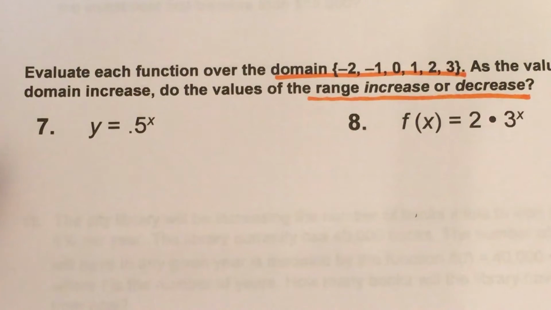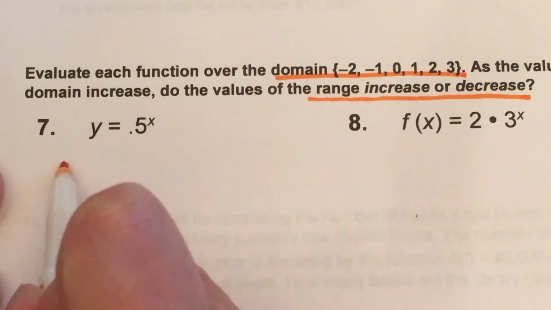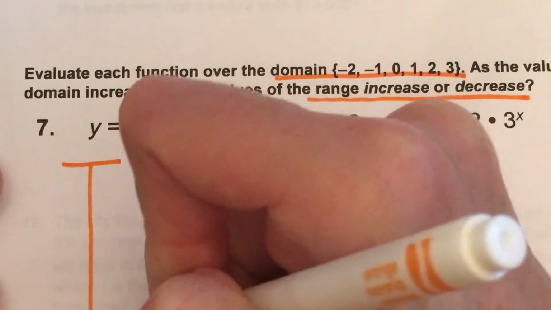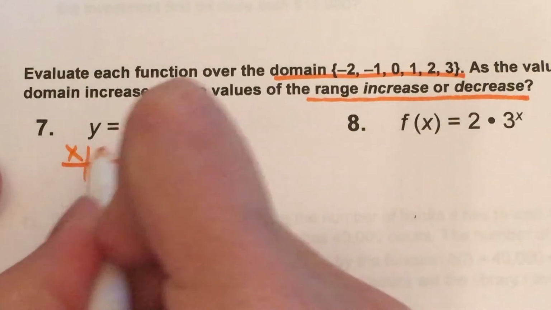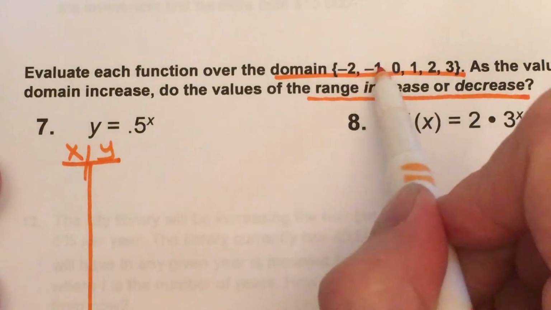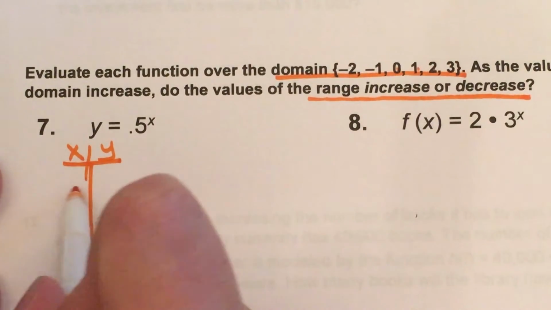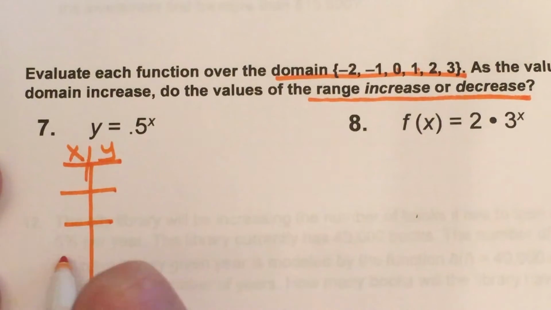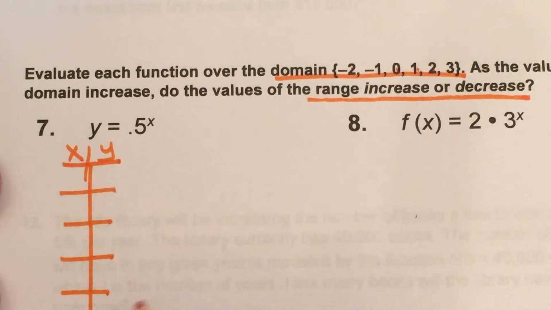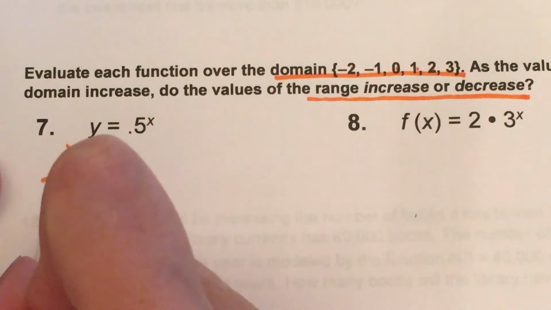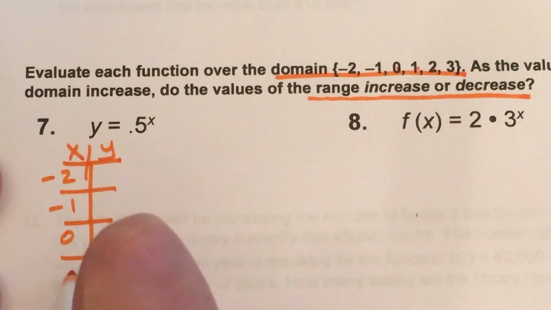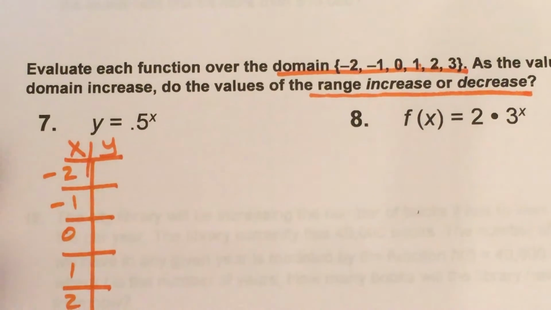So let's draw a table. X and Y. 1, 2, 3, 4, 5, 6. 1, 2, 3, 4, 5. -2, -1, 0, 1, 2, 3.